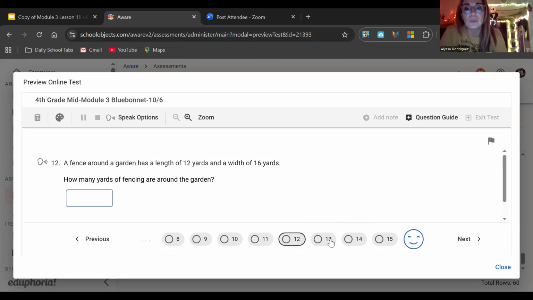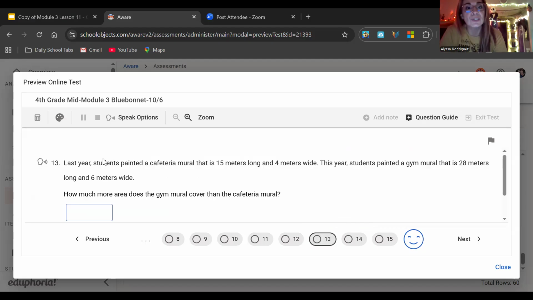Okay, next one. Last year, students painted a cafeteria mural that is 15 meters long and 14 meters wide. This year, the students painted a gym mural that is 28 meters long and 6 meters wide. How much does the gym mural cover then?